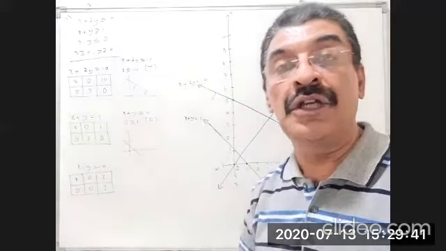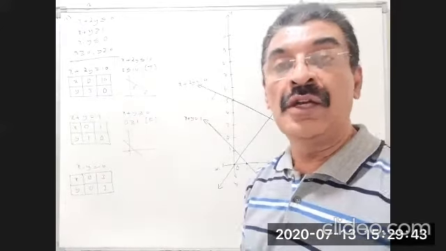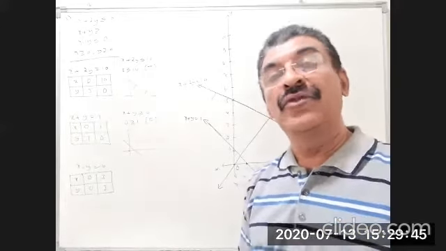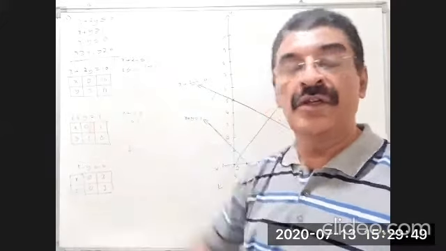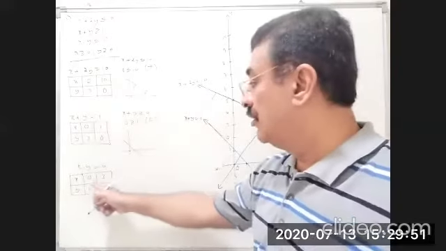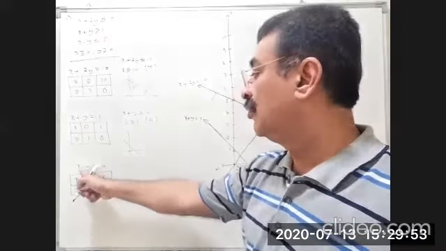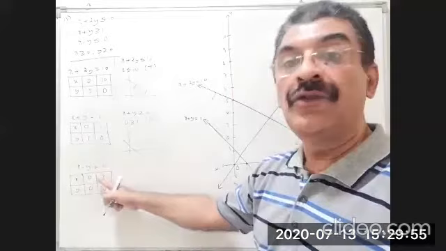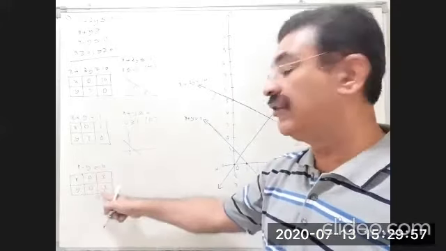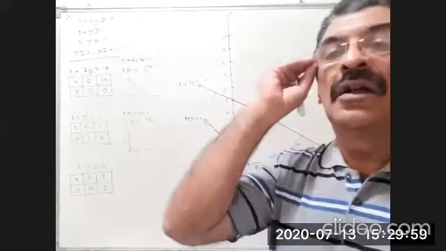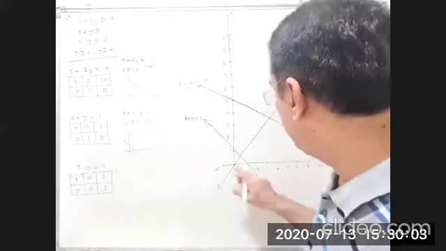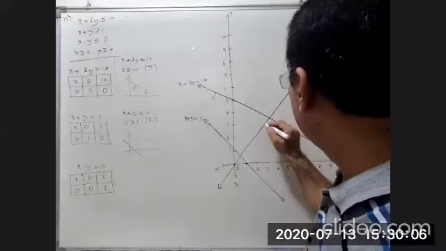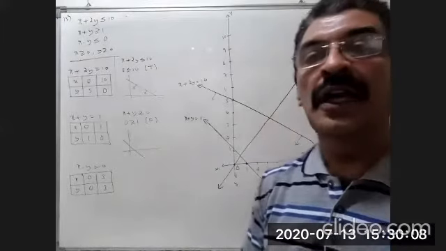To draw the graph of any linear equation, take any values of x, find the corresponding value of y, plot those points, join them, and draw a line passing through them. I took x is 0, so y is also 0 because 0 minus 0 is 0. If x is 3, then y is 3. So the line passes through 0, 0 and 3, 3. 3, 3 was here. The line passes through this one.